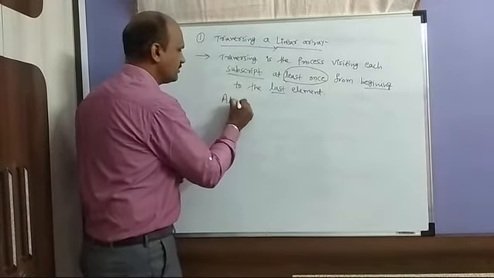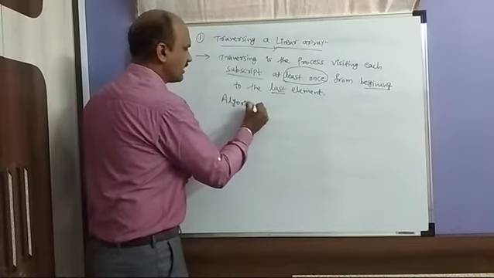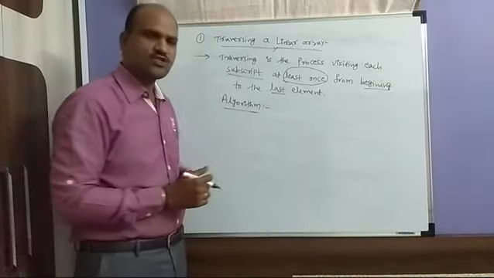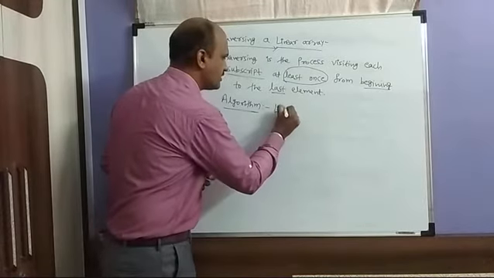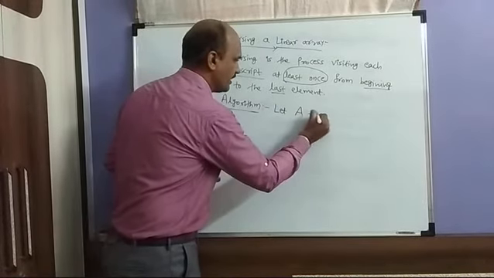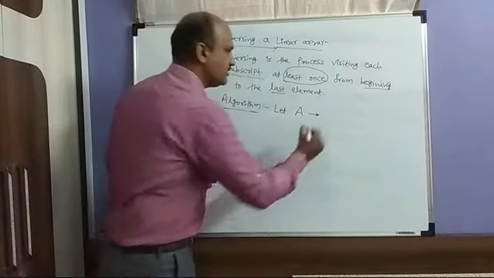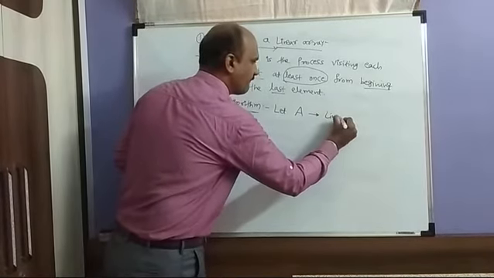So when you go to the traversing algorithm, what are the things you need for this? First, take let A. You need an array. To create this linear array, you need A as a linear array.